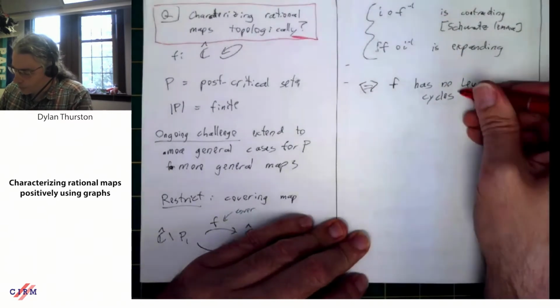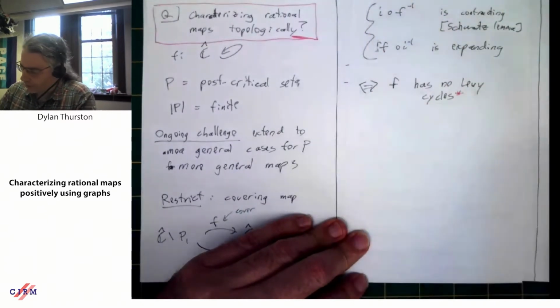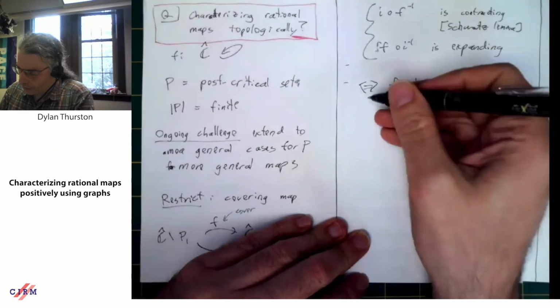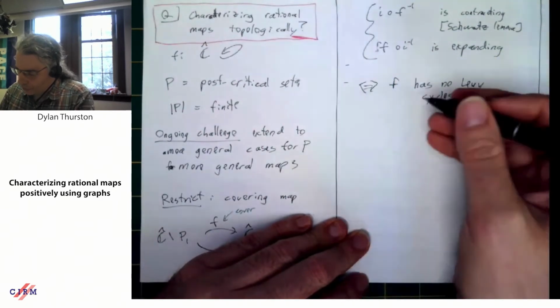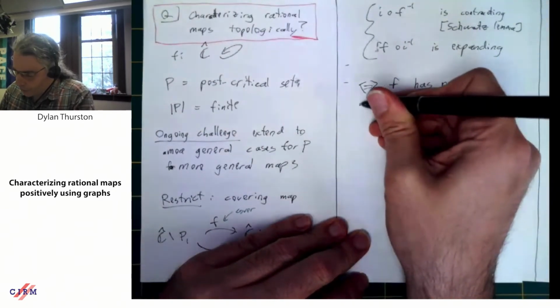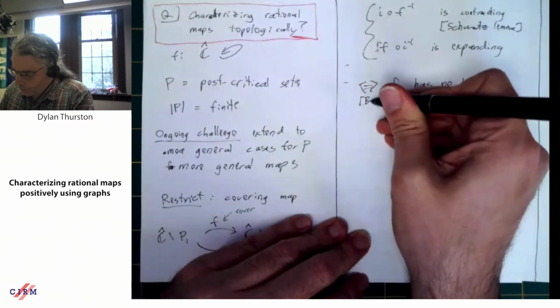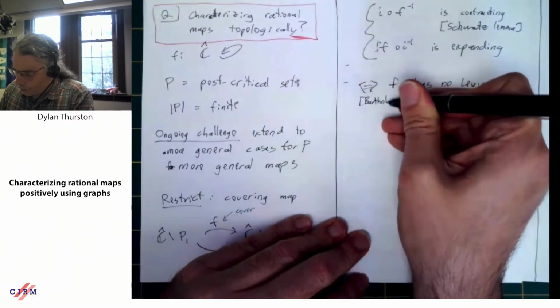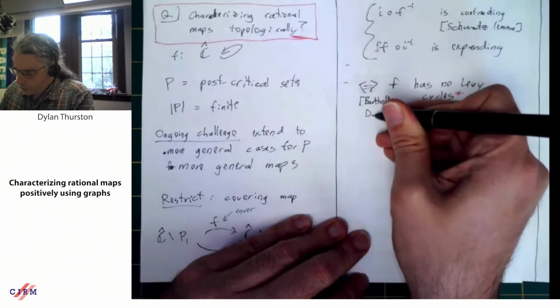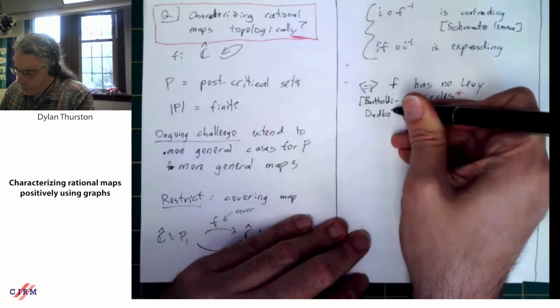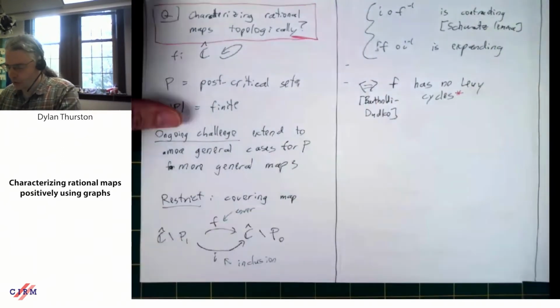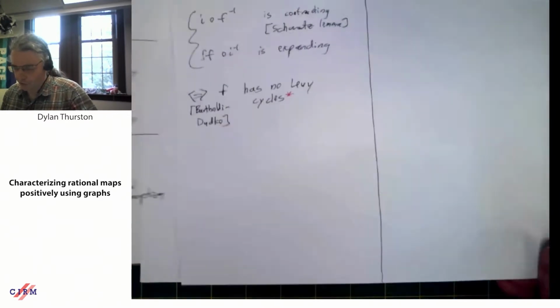I'll put a little asterisk on here, basically to avoid some Levy cycle cases, I believe. And I believe similar things were known earlier, but I don't know an earlier reference than Bartholdi and Dudko.